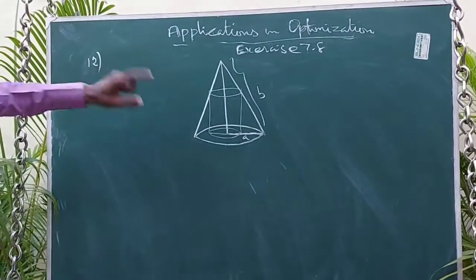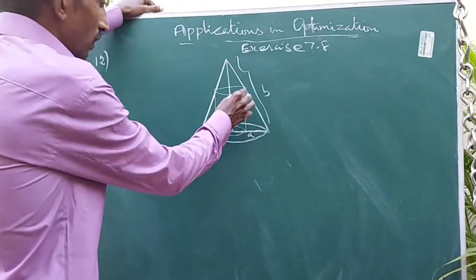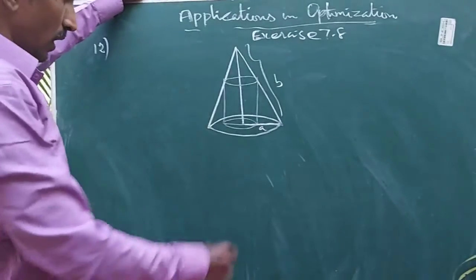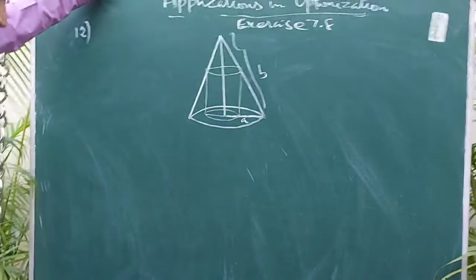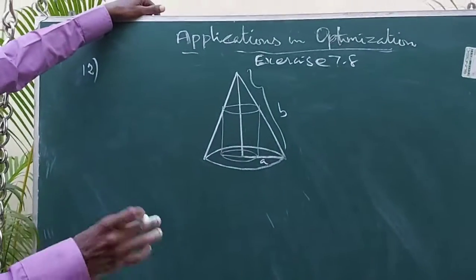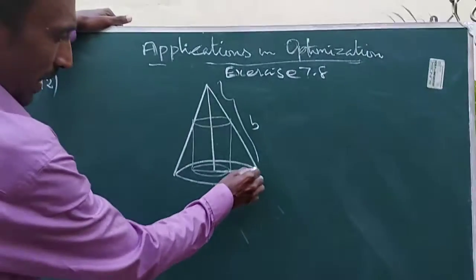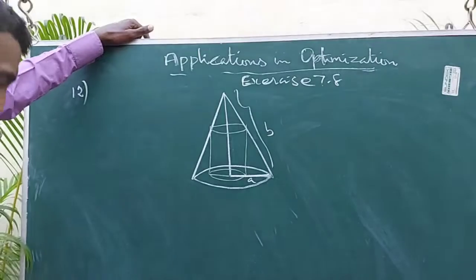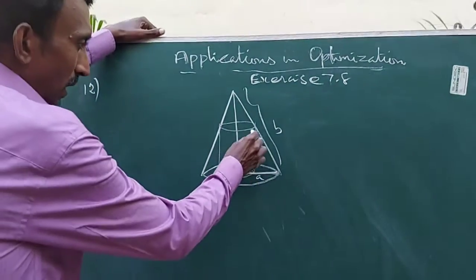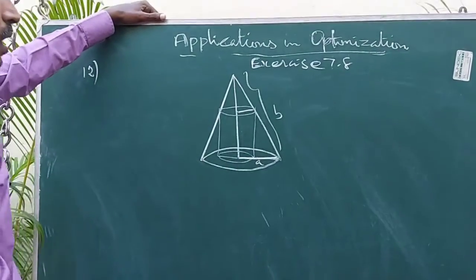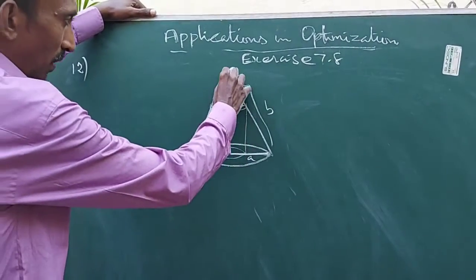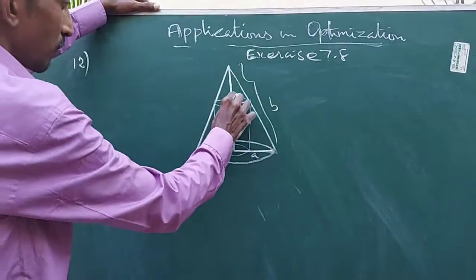The condition is we have to prove that the volume of the cylinder is equal to 4 by 9 times the volume of the cone. So listen, initially the base radius and height of the cone are given. But the radius and the height of the cylinder we don't know.